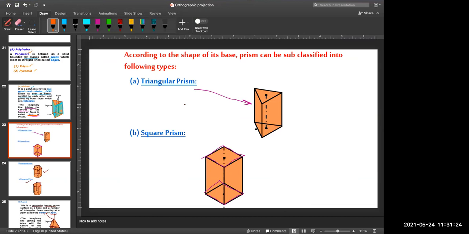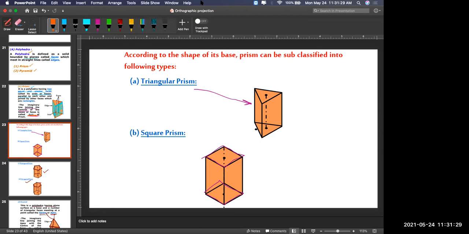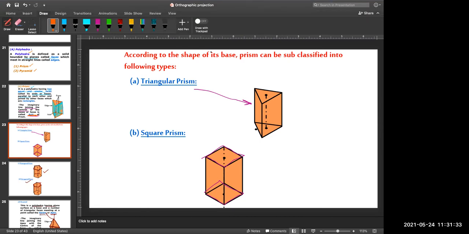Now on your screen you can see certain examples of different shapes of the prisms. According to the shape of the base, prism can be sub-classified into following types. This is your triangular prism, based on the top surface geometry, whether it is a triangle or a square.